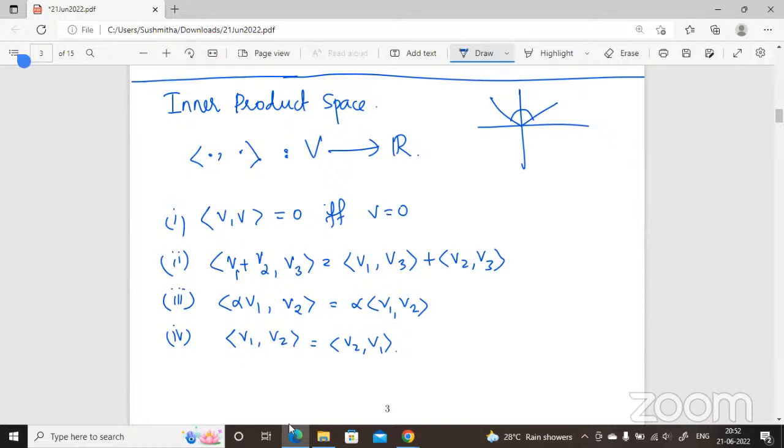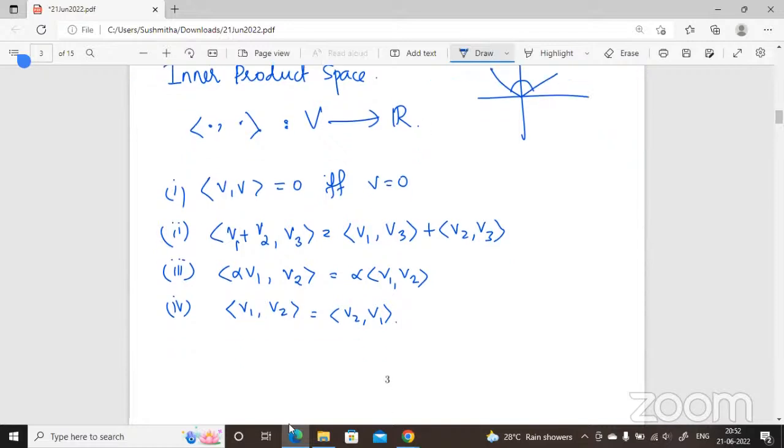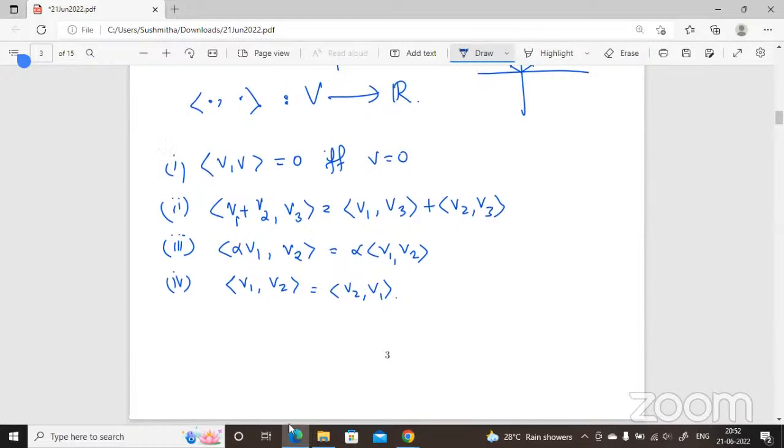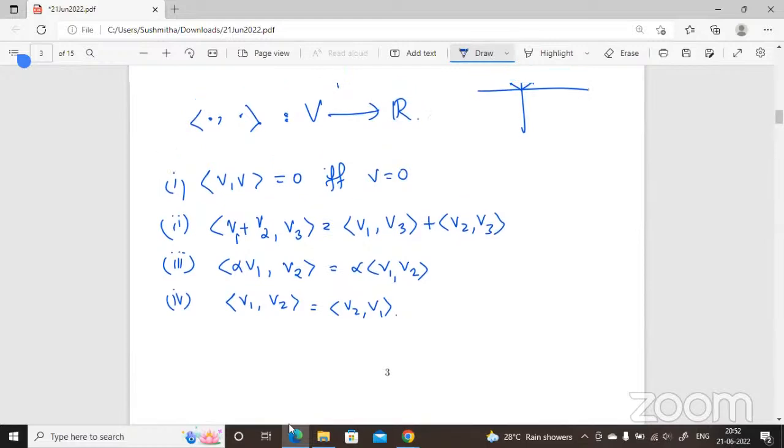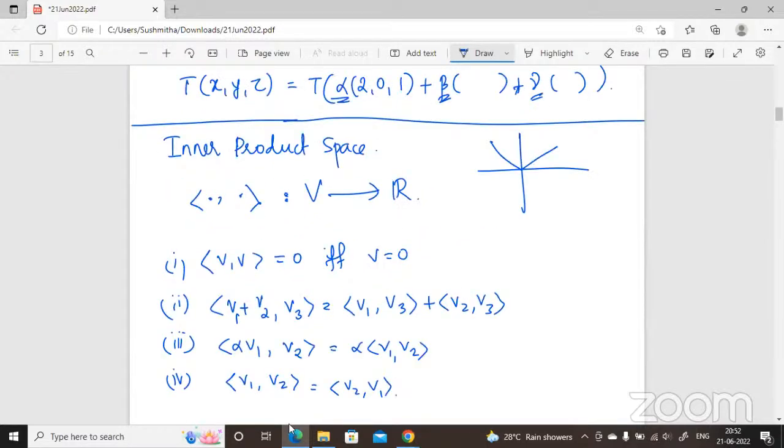And then what do we do with the inner product? Norm. What is norm? Norm extends the concept of length. When you have a vector in R2, a point x comma y, you can talk about the length of this vector. It's the distance from the origin to this point.